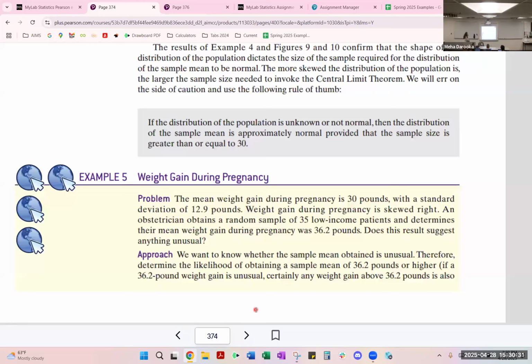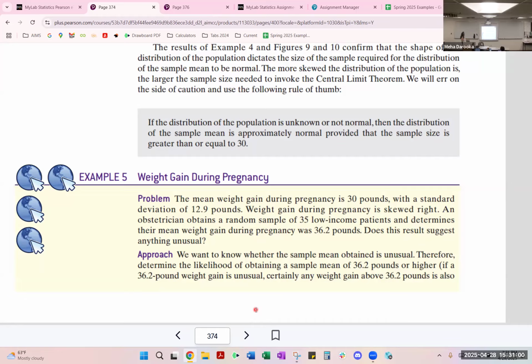All right, guys, so just another example here. We're talking about the mean weight gain during pregnancy being 30 pounds with a standard deviation of 12.9 pounds. Now, weight gain during pregnancy is skewed, right? So you can see this is not a normal population. An obstetrician obtains a random sample of 35 low-income patients and determines their mean weight gain during pregnancy to be 36.2 pounds.